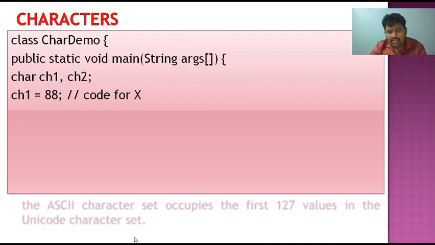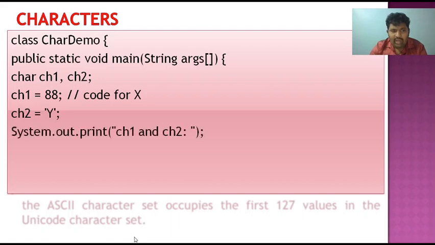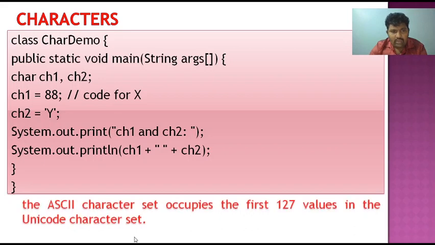That value is assigned implicitly, so ch1 stores the X character, but we are assigning only the value 88. ch2 is equal to Y. So you can assign numerical values or you can assign characters directly. Now if you print those variables, ch1 is X and Y is automatically printed.